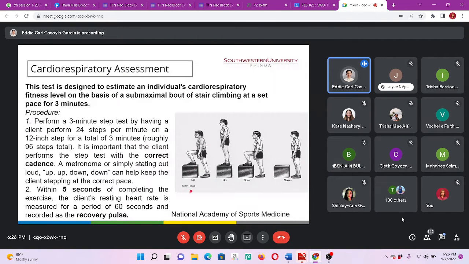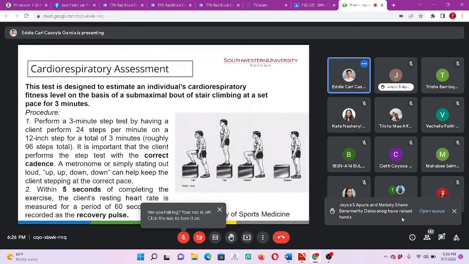After securing this, you need a stopwatch, or you can just use your phone. And the challenging part here, class, is that I know this is all about up, up, and down, down, but you need to do it in the correct cadence.